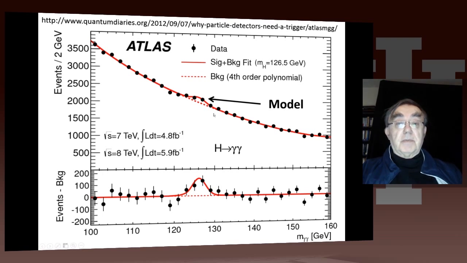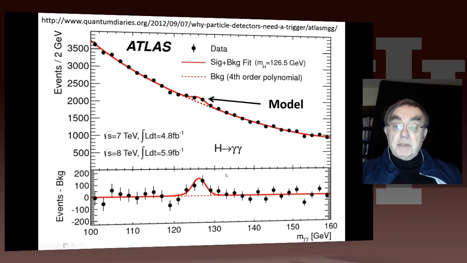In this type of experiment, you do a very simple model of so-called background plus signal. The dashed is the background, very smooth, assuming it would have no particular structure at any given mass, and then superimposed on that is the signal, which is interpreted as the Higgs, decaying in this case to two photons.